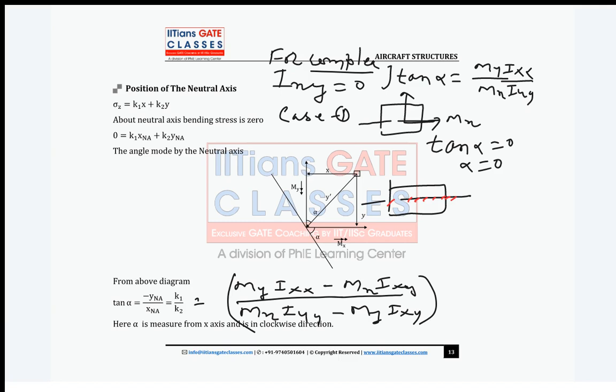Okay. Now case 2. In case 2, guys, what is the case 2? You have My, right? Your Mx is 0. So what is the tan alpha?